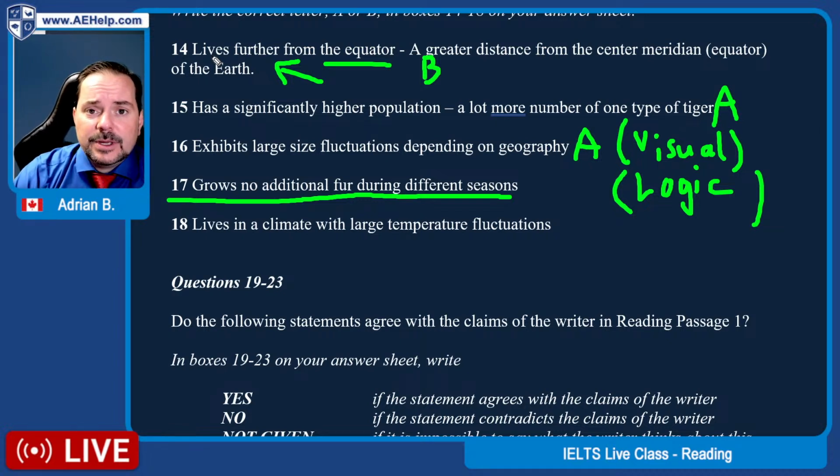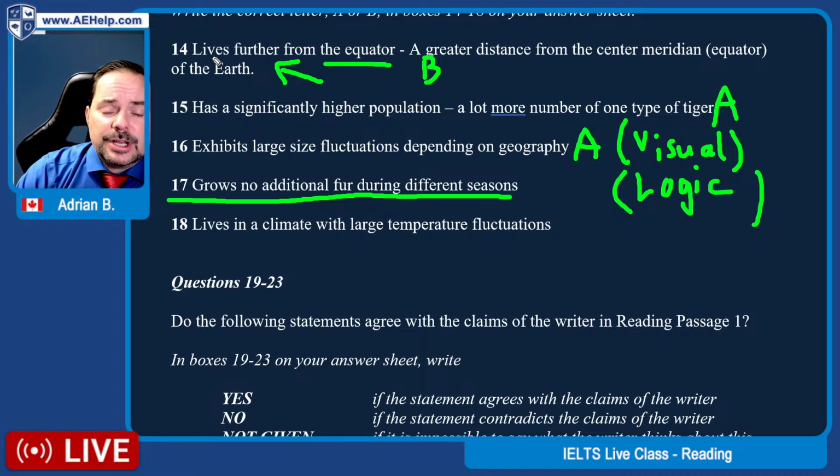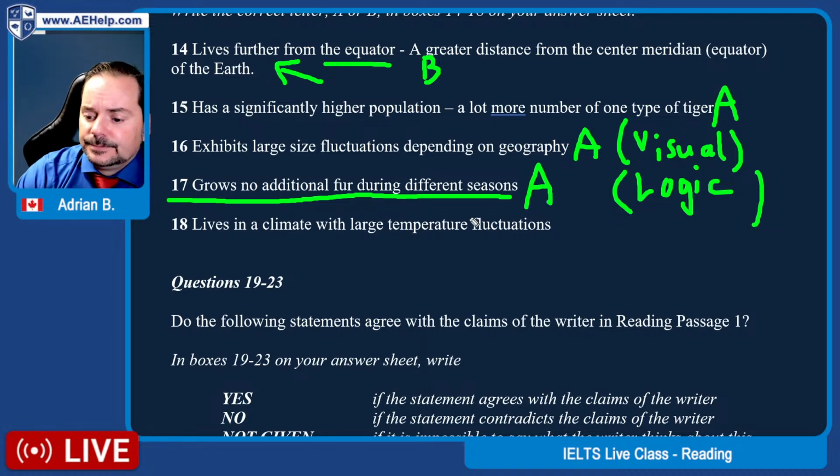For that big temperature difference. When the tiger lives closer to the center of the earth, the temperature is basically warm all year round, so it's more stable. So here, the answer again would be A, the Bengal tiger, right?